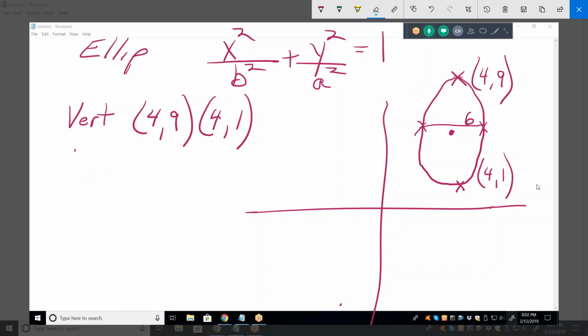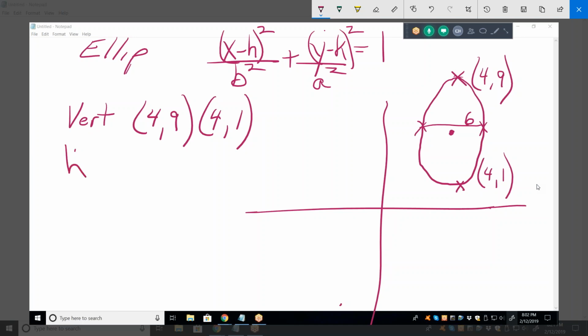And actually, let's put those in there because they apply here. That's the real general formula for a vertical ellipse.